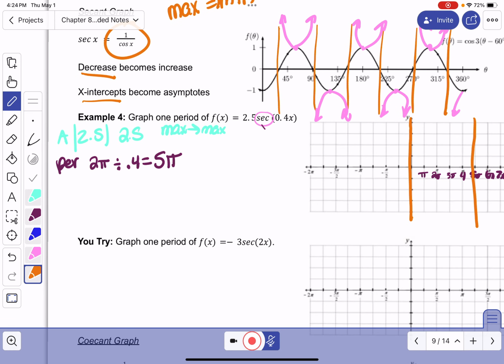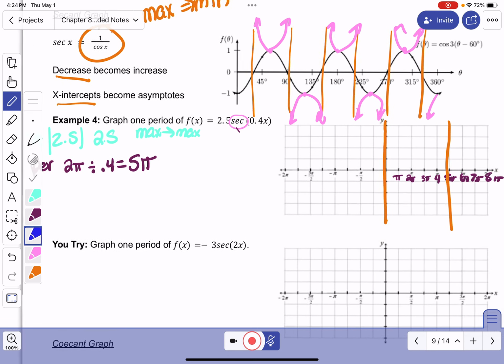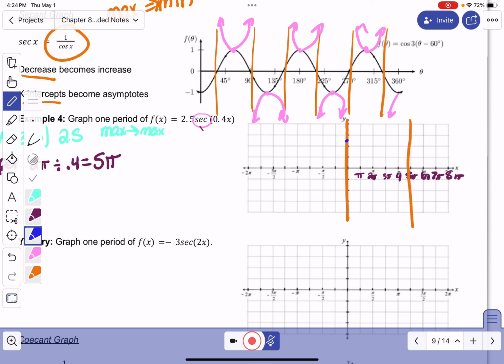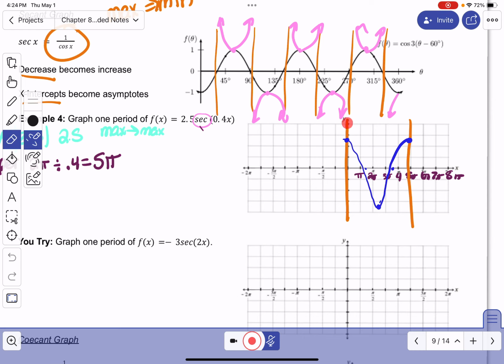And then cosine goes max to max, so our max is 2.5. In the middle, our minimum would be 2.5. And then we kind of cross like that. So the blue would be the cosine curve. So for the secant, I'm going to get rid of this just to help you see a little bit.